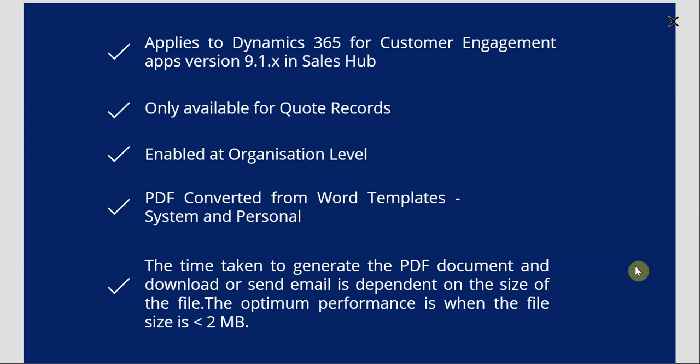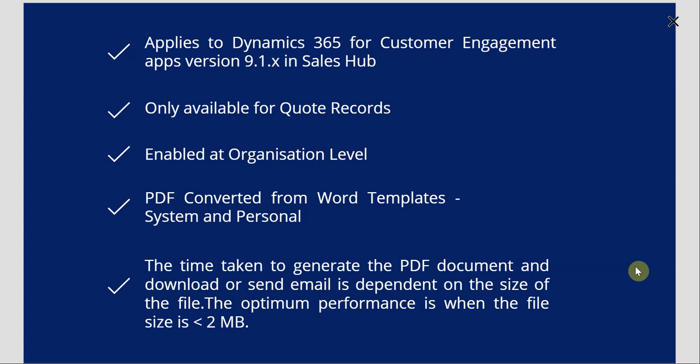And the last one is that the time taken to generate the document and attach and send it in the email depends on the size of the file. Microsoft recommends that to get optimum performance, the file size should be less than 2 meg. That is pretty big for a quote actually.